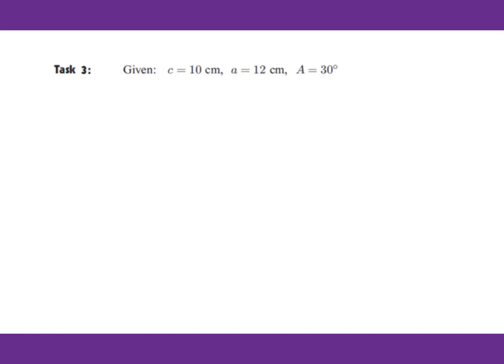Let's go to task 3. I will draw, this is the angle A labeled as 30 degree. And C here is 10. This is 10.